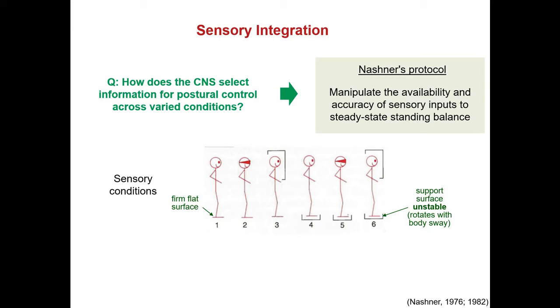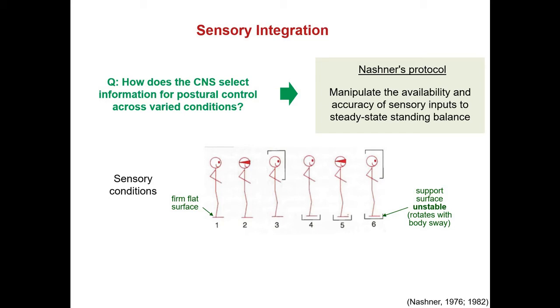Here we see the 6 conditions in the protocol labelled 1 through 6. In condition 1, a person stands on a firm surface with full vision of their surroundings. In condition 2, a person stands on a firm surface with their eyes closed. In condition 3, a person stands on a firm surface while being surrounded by an enclosure that sways with them.